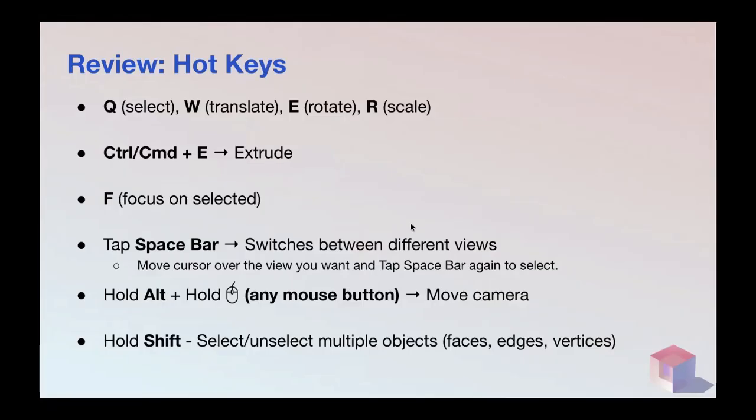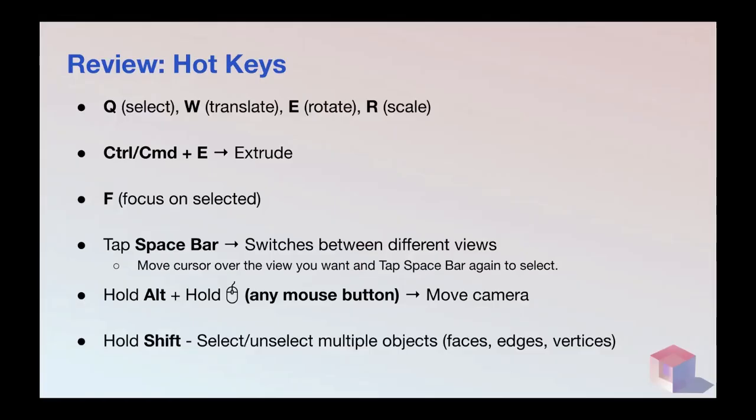Let's talk about hotkeys. Q, you select the thing. W, you move it up or down to translate it. E, you rotate it. And R, you can make it larger or smaller. If you want to pull something out of the surface, Control or Command E is extrude. If you want to zoom in or focus on a particular shape, just press F to focus.